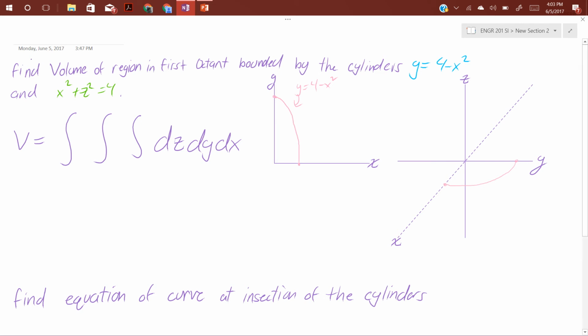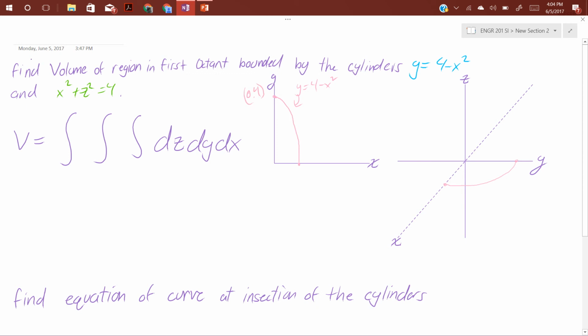So we look back and make sure that the x squared plus z squared cylinder lines up with the y equals 4 minus x squared cylinder. We can just look at the points on the y-x plane. We know this point at the top is 0, 4.